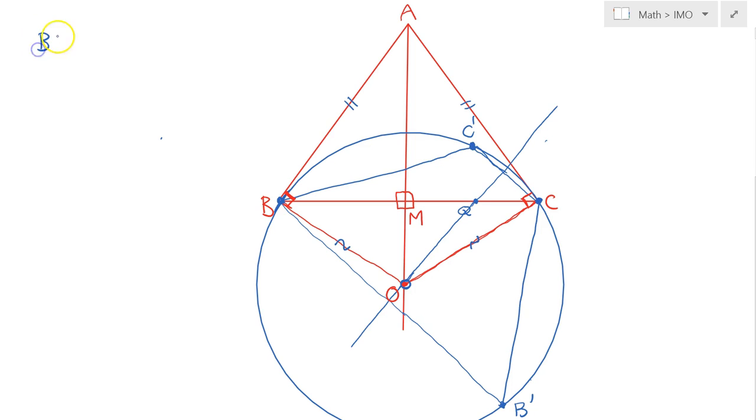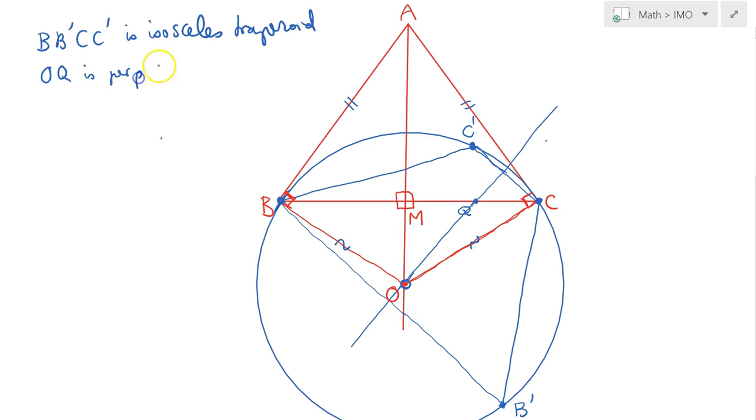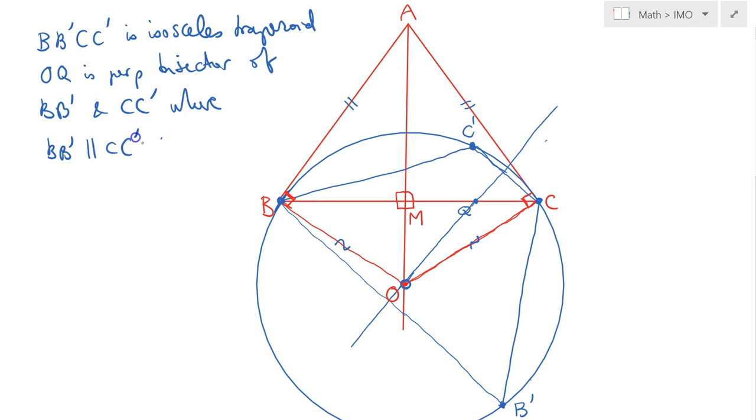Let me make note of that: B prime C prime is an isosceles trapezoid, and in this trapezoid OQ is the perpendicular bisector of both BB prime and CC prime, and obviously BB prime is parallel to CC prime.